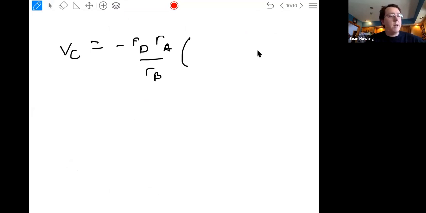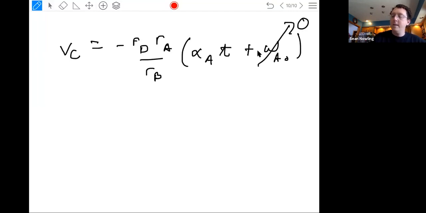And I can say that omega A is nothing other than alpha A times the time plus the initial angular velocity. But since it started at rest, this is just 0. And so the formula I get for the velocity is minus RD RA over RB times alpha A times the time.